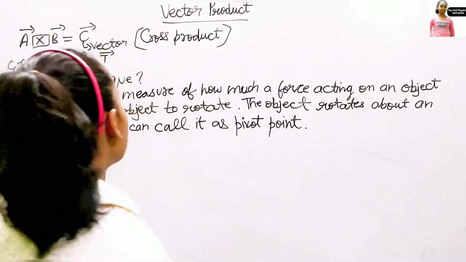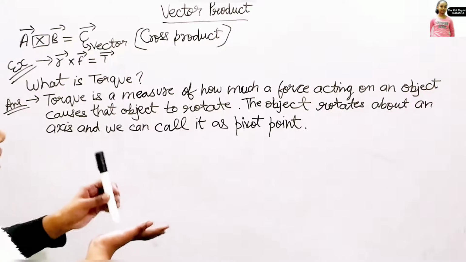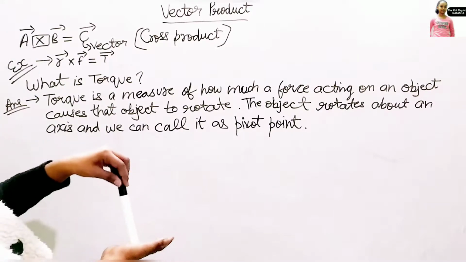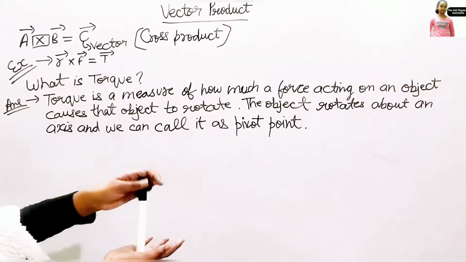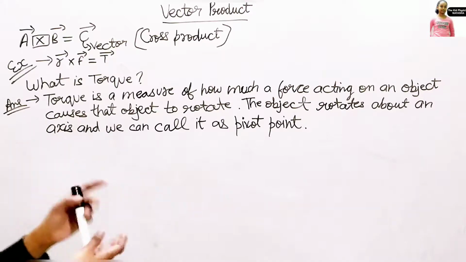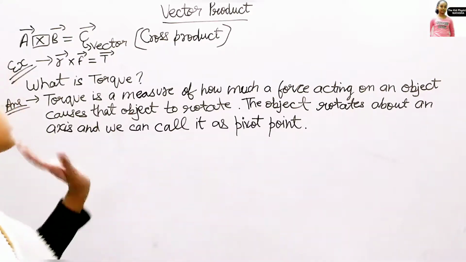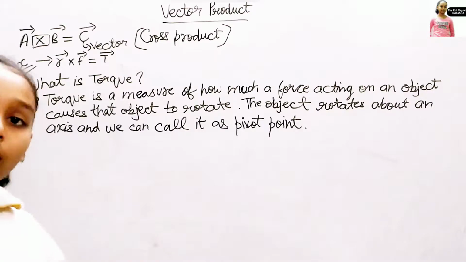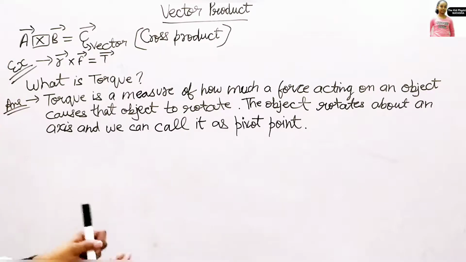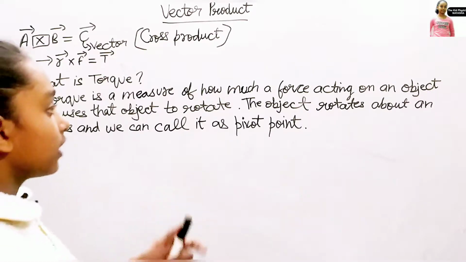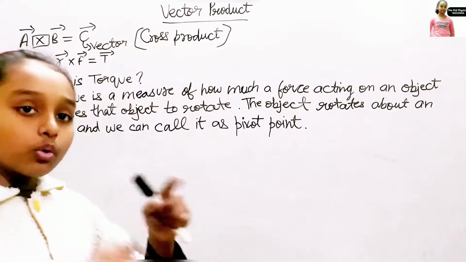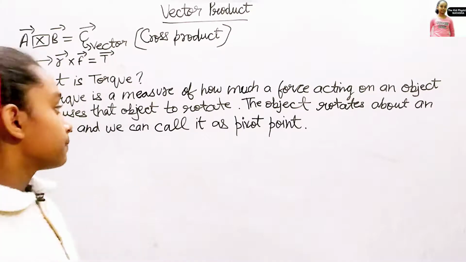Got it? So torque is a measure of how much a force acting on an object causes that object to rotate, so this whole statement will be known as torque. Torque tells us how much a force acting on an object causes that object to rotate. Simple language.